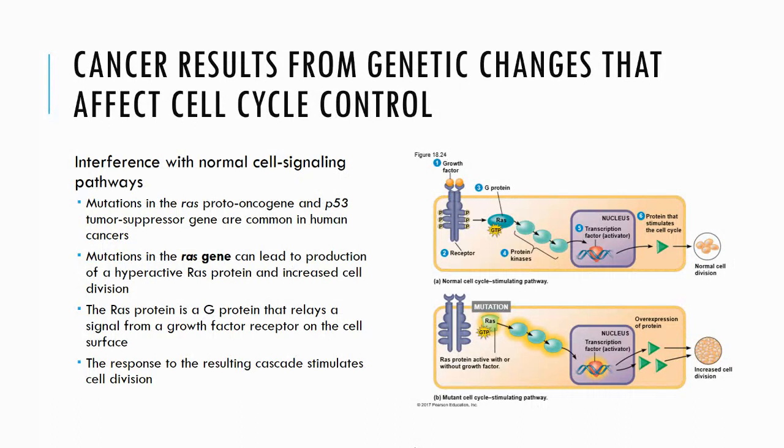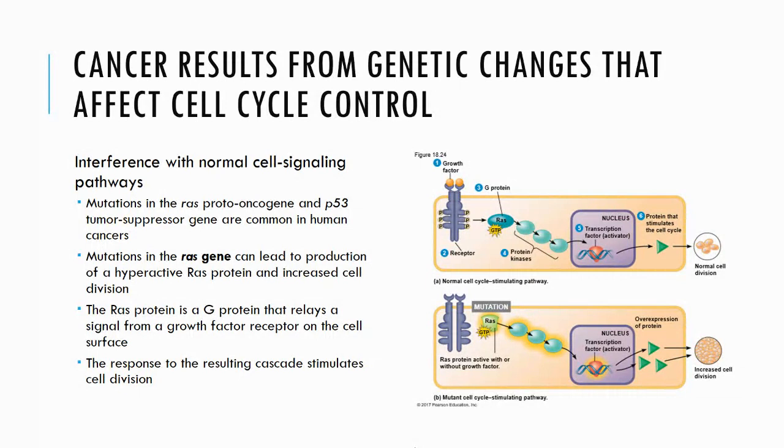So let's look at an example of interference with the normal cell signaling pathways. Mutations in the RAS proto-oncogene and p53 tumor suppressor gene are common in human cancers. Mutations in the RAS gene can lead to production of a hyperactive RAS protein and increased cell division. The RAS protein is a G protein that relays a signal from a growth factor receptor on the cell surface, and the response to the resulting cascade stimulates cell division, which we see here in figure 18.14.